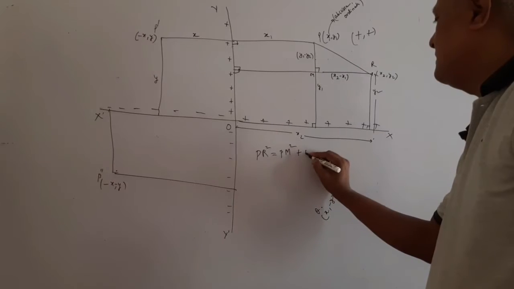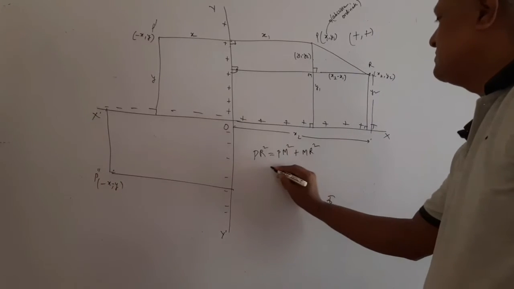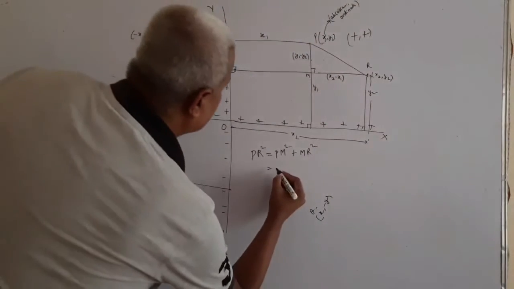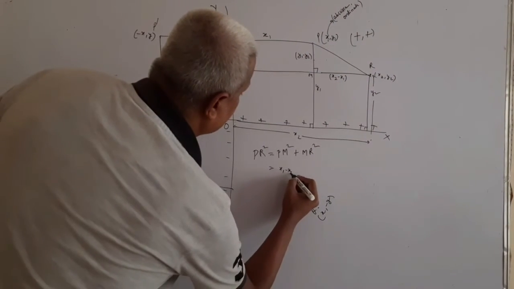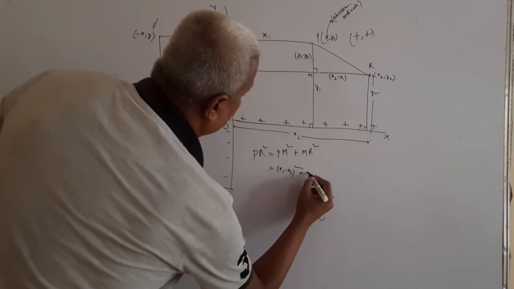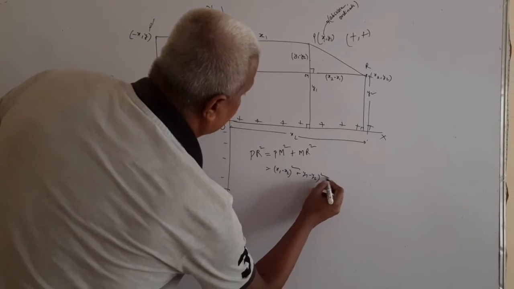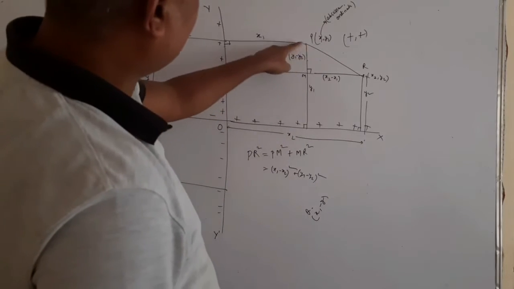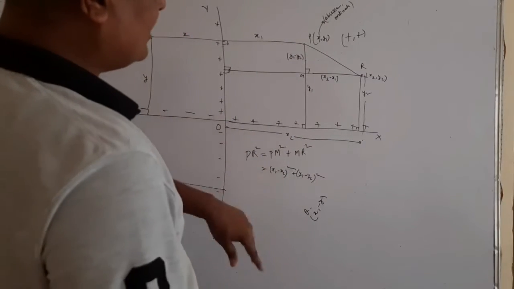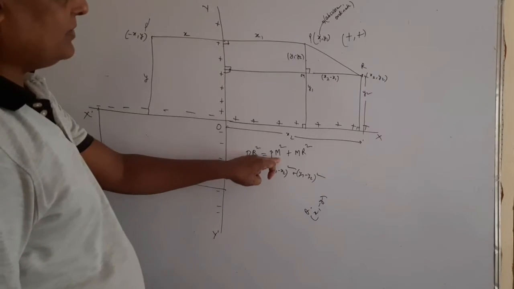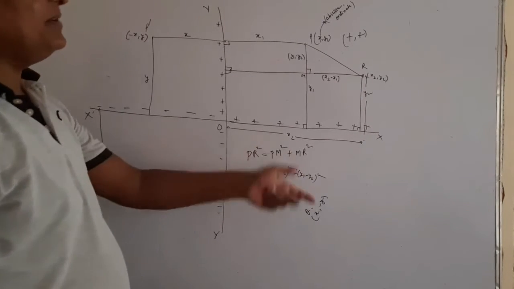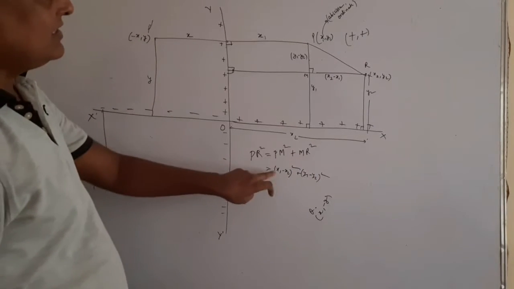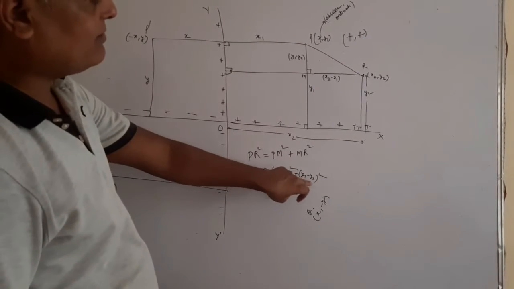So PR square is x1 minus x2 whole square plus y1 minus y2 whole square. At the place of PM I have written x1, y1; it doesn't matter, because A plus B is always equal to B plus A. That's why this does not make any difference. And one more thing, this is x1 minus x2 whole square and y1 minus y2 whole square.